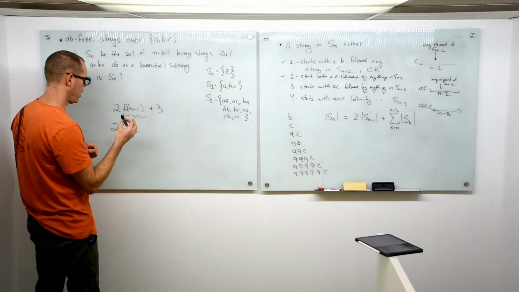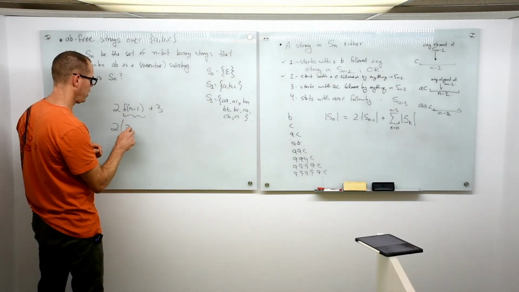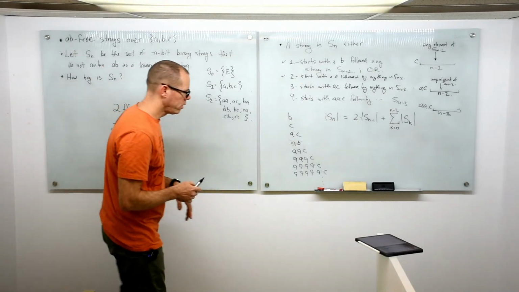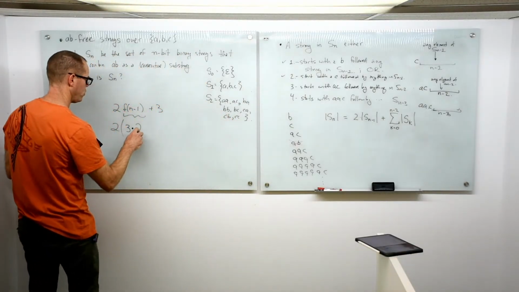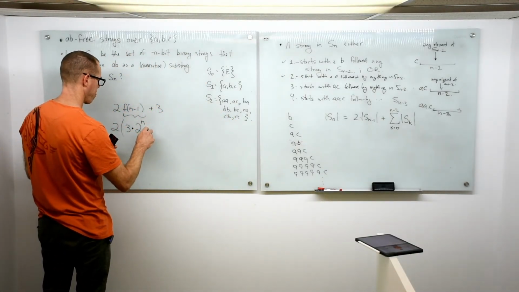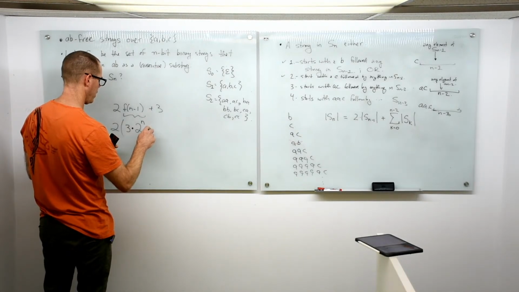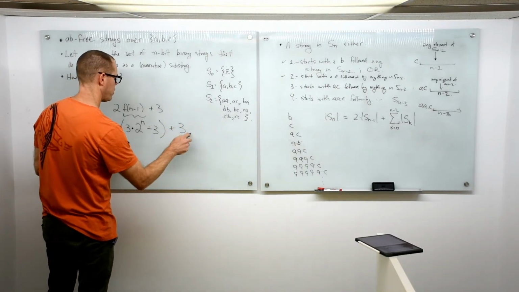The inductive hypothesis says 3 times 2 to the n, and there was a minus 3, and then we have this plus 3.